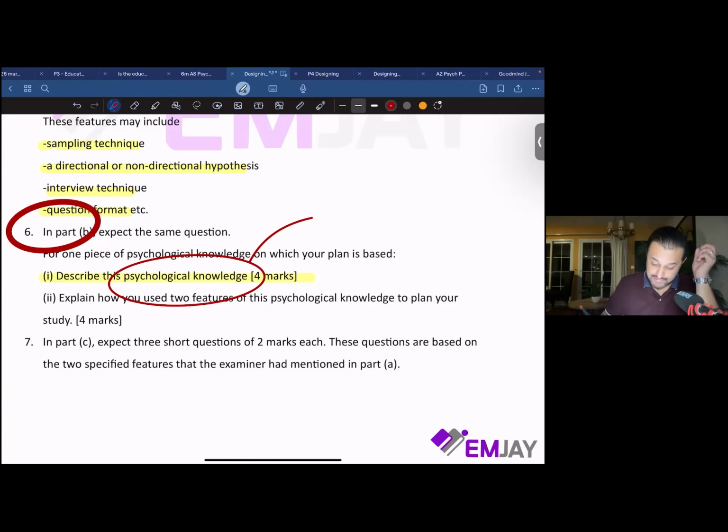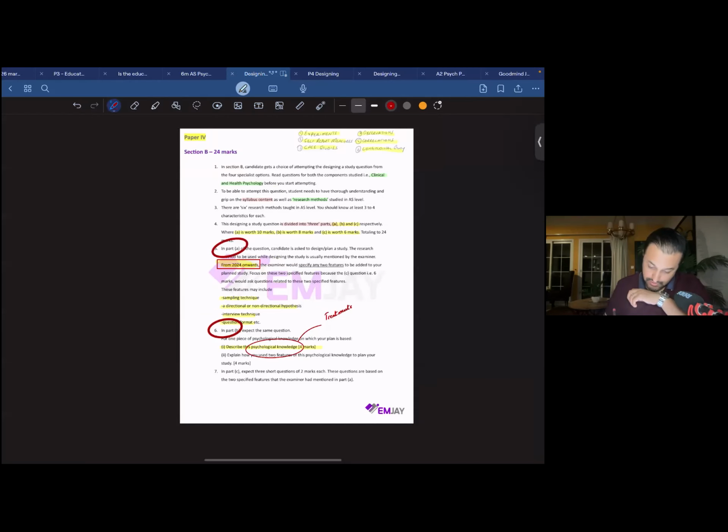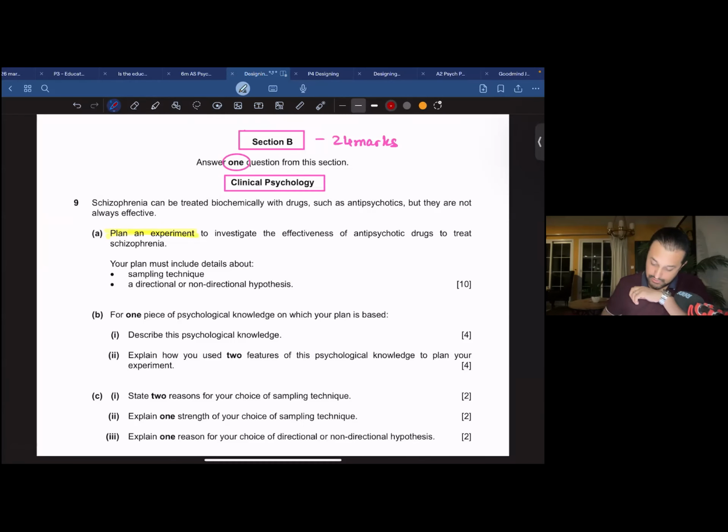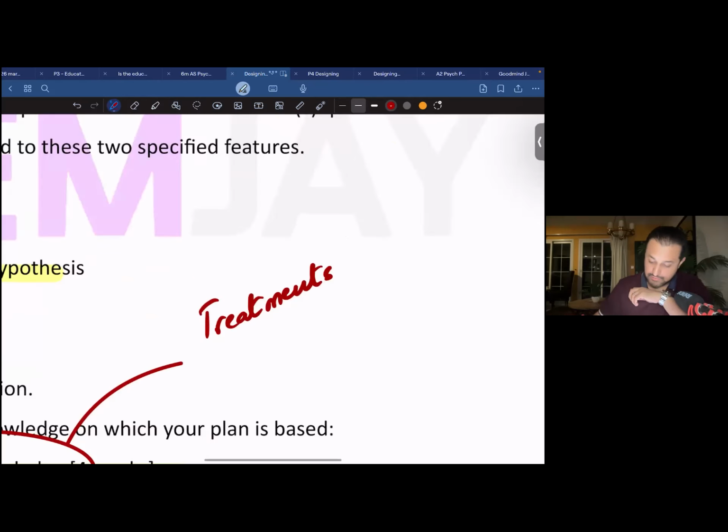Now, for this, if we talk about the specimen paper question that I plan on discussing ahead, in that question, you have been asked to write down about the treatments. If I'm not mistaken, I think it was the biochemical treatment, so the biological treatments for schizophrenia.